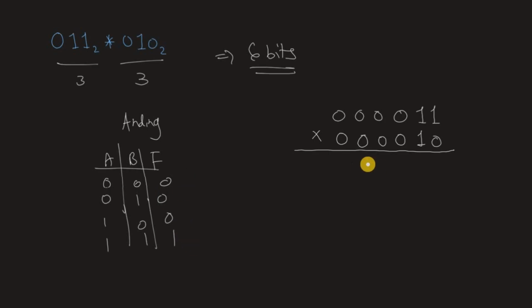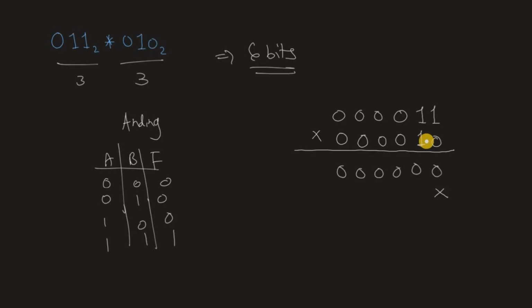So you're doing the same thing over here. 0 AND 1, that's a 0. 0 AND 1, that's a 0. Unless both of them equal 1, it's all zeros. So this is 0, 0, 0, 0, 0, 0.